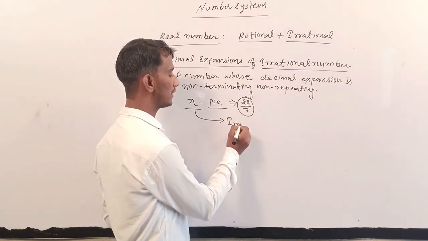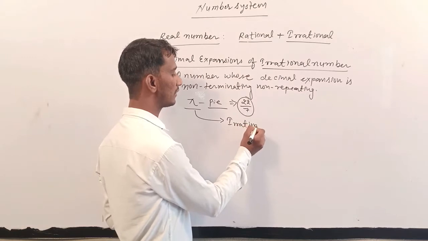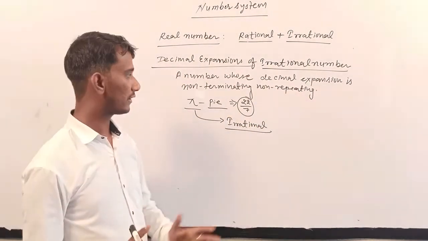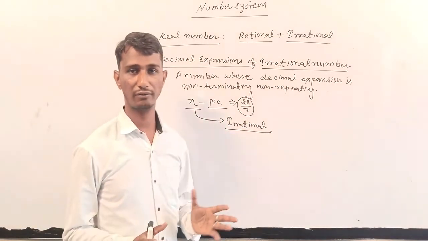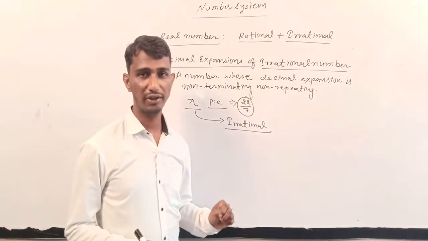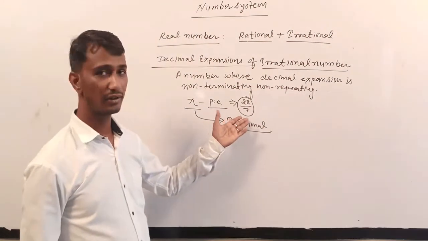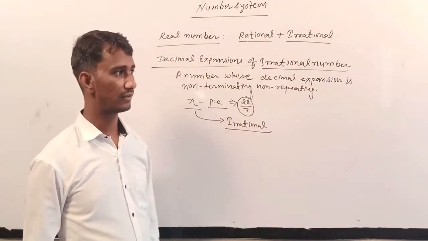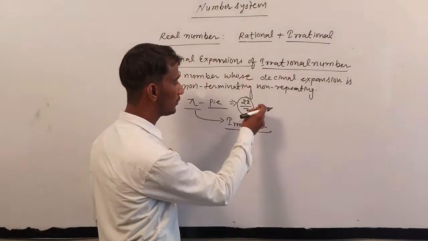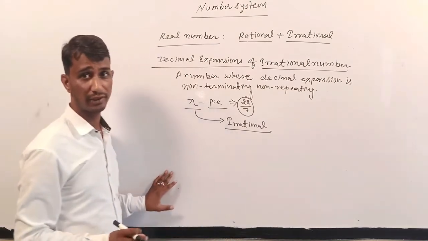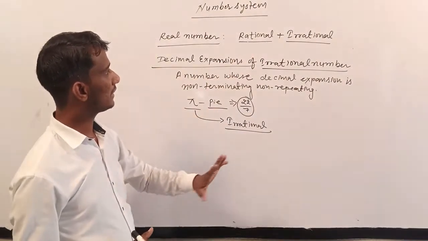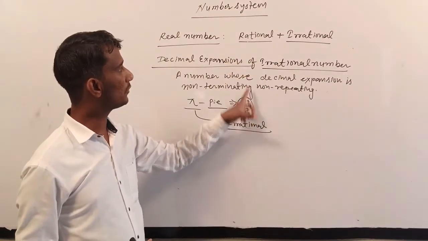Remember it. When we solved some mathematics questions in the mensuration chapters, area, perimeter, and also volume, we used pi equal to 22/7. So you can imagine that this is the form of a rational number.